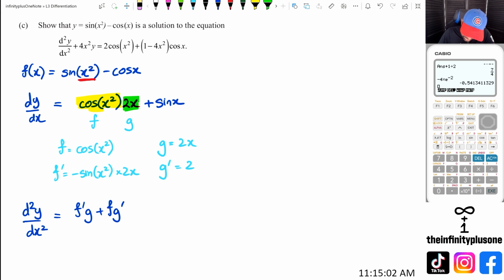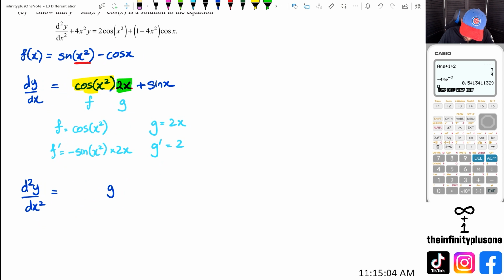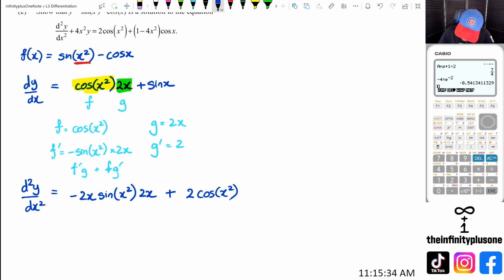So how am I going to do this? Now let's actually do it like this. I'm going to write f dash g at the top here so I know what to do. So I've got f dash first, which is going to be negative 2x sine of x squared times g, which happens to be 2x. Then I've got plus f g dash. So that's going to be 2 cos of x squared.